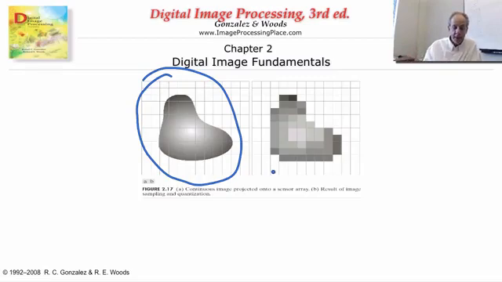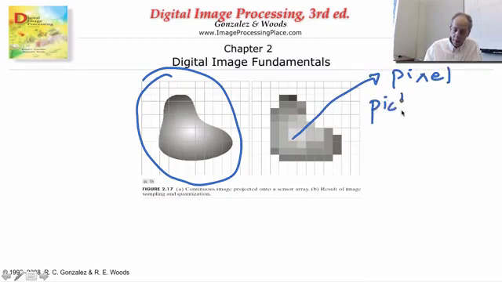So we have pixel values. Each one of these is called a pixel. This comes from picture element and is denoted as pixel.